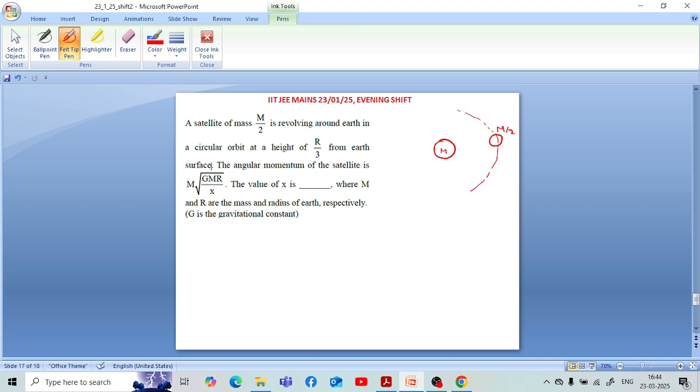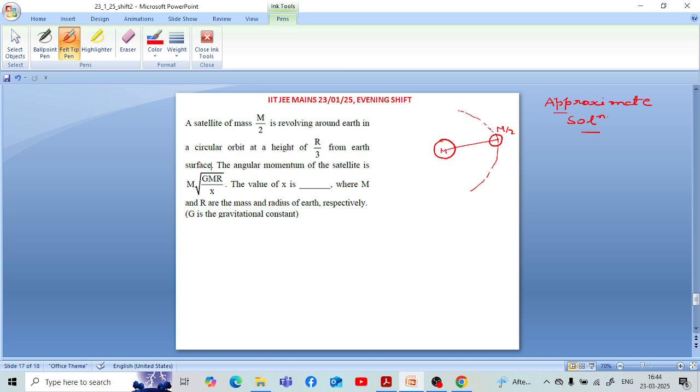Now there are two solutions of this problem. First of all, we find out the approximate solution, which is given in the answer key of the NTA. The approximate solution assumes that we take the satellite motion on a circular path having its center at the center of the Earth.